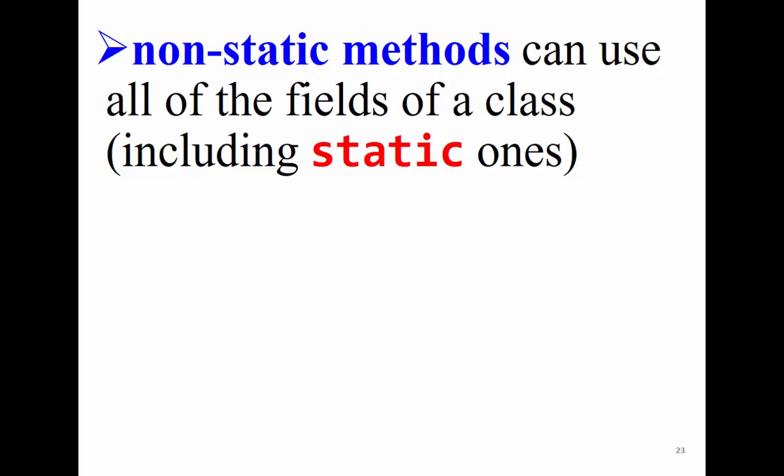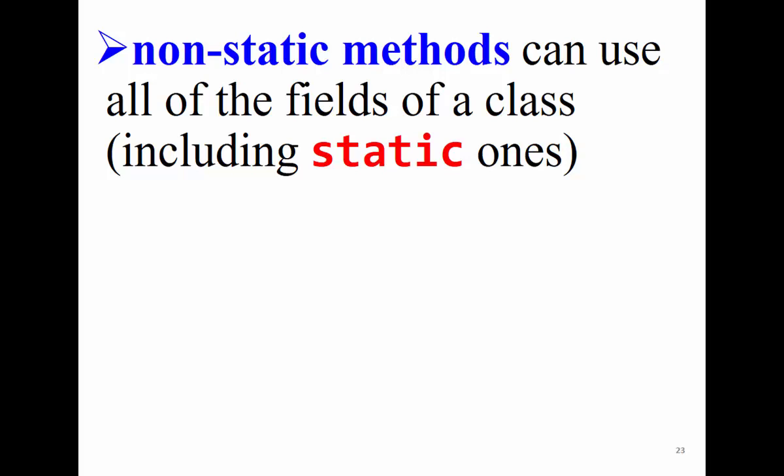Okay, a non-static method can use all the fields. So if you have a non-static method, that is a method defined without the static keyword, it can access static and non-static fields. You have all the freedom to access static and non-static. And this is an example of the constructors.